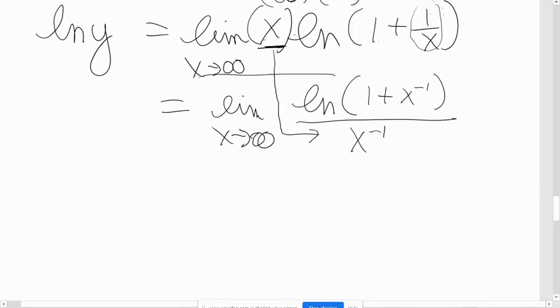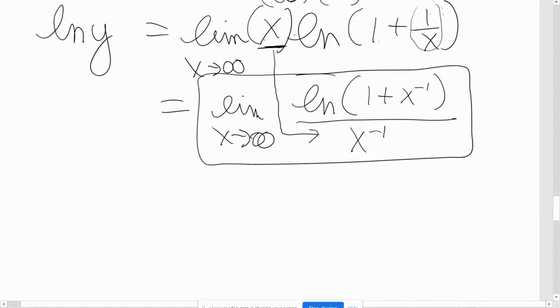Now, I can do L'Hopital's on this thing right here.